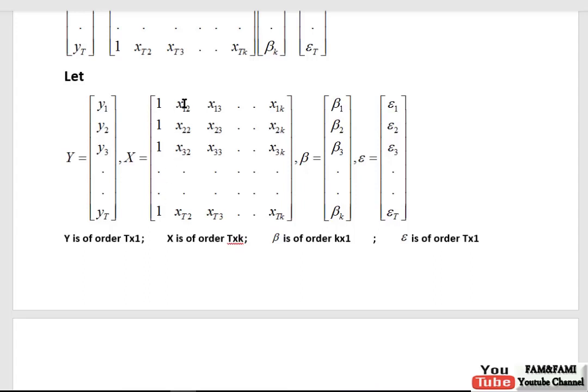Now look at the second regressor x2 and third regressor x3; the first subscript denotes the values: 1 for the first value, 2 for the second, and t for the tth value. So X is of dimension t by k, meaning it has k columns. The first column is always a vector of ones, the second column corresponds to the second regressor, and the third column corresponds to the third regressor.